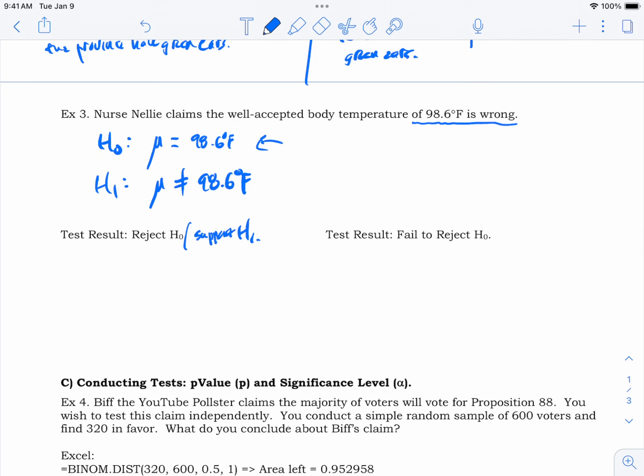But it's a little awkward to say supports the claim that it's different. That's a little weird to say it that way. So let's say it this way instead. And this, I think you'll agree, is a little more natural. The data warrants rejection (something goes in parentheses) of a 98.6 mean body temperature.